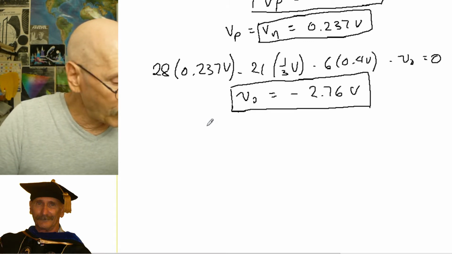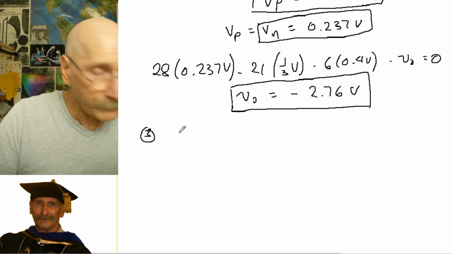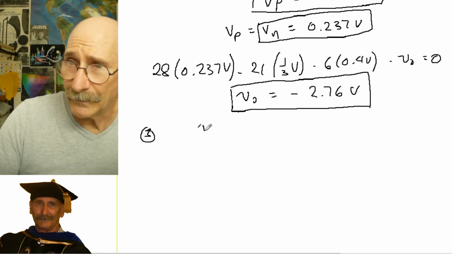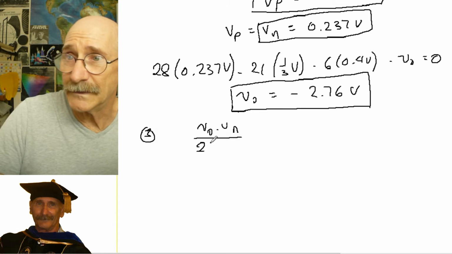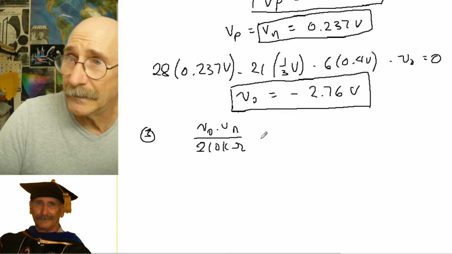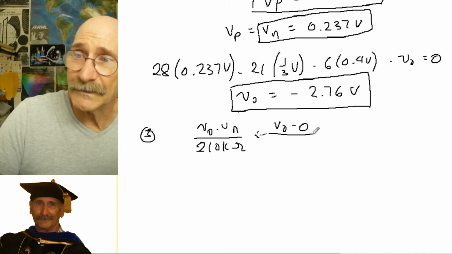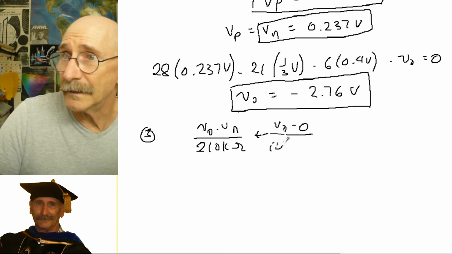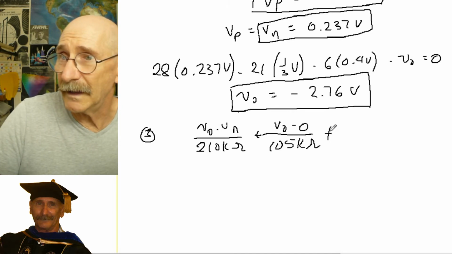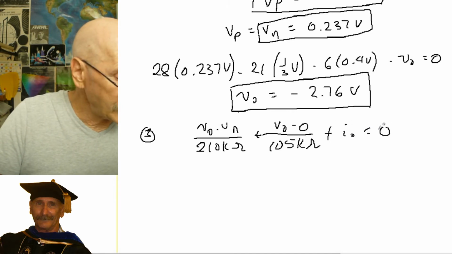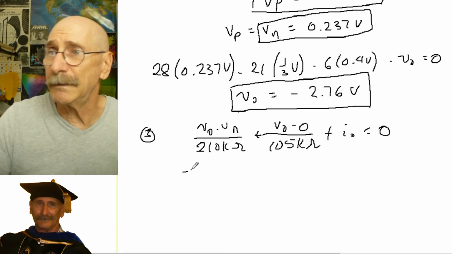Now we want to know I out, and that's when we go back to equation 3, which was V out minus V sub N divided by 210K ohms plus V out minus 0 divided by 105K ohms plus I out equal to 0. So now we just plug those numbers in.